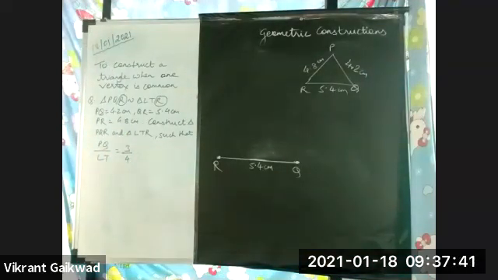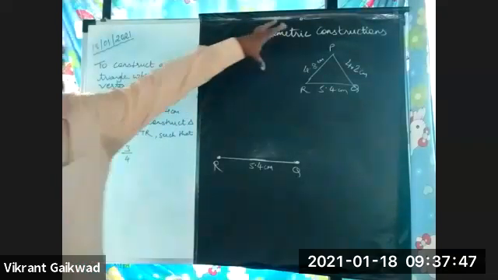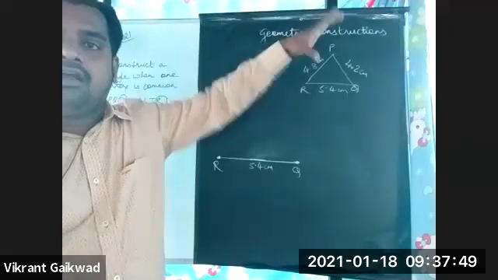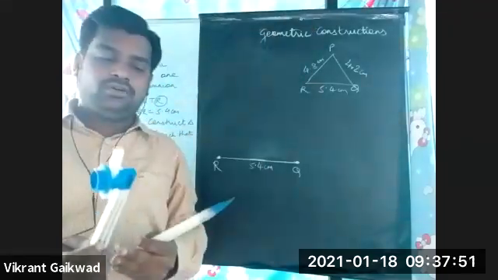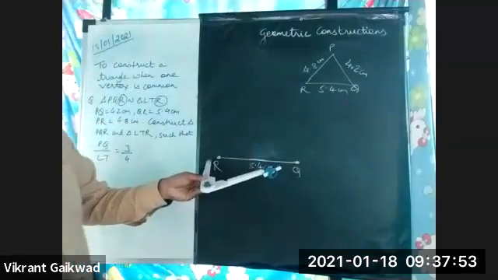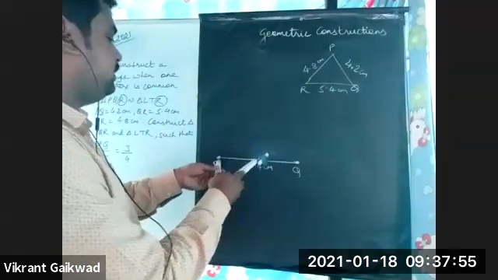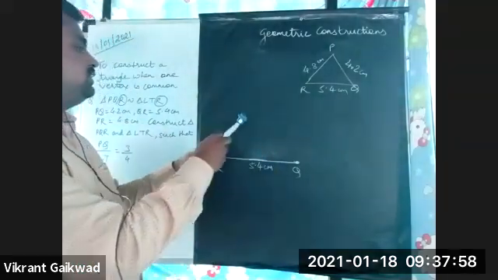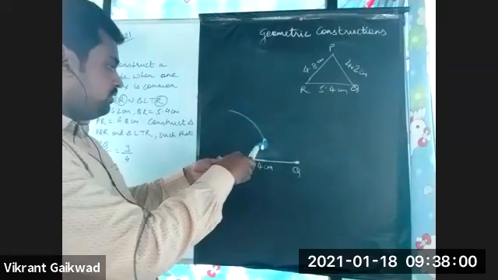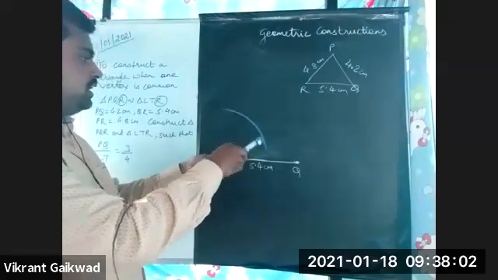Now, after that, take distance PR, 4.8, on your rounder. Is this clear? And cut an arc above.